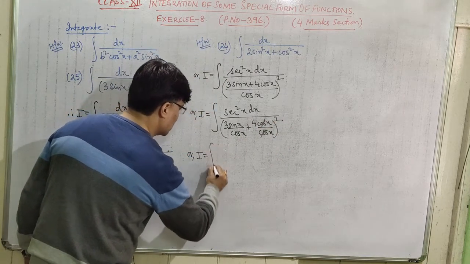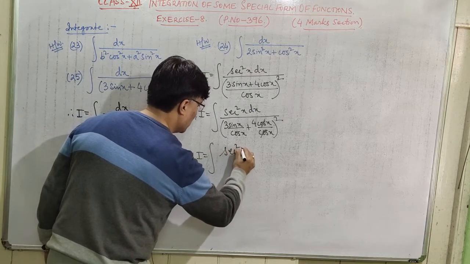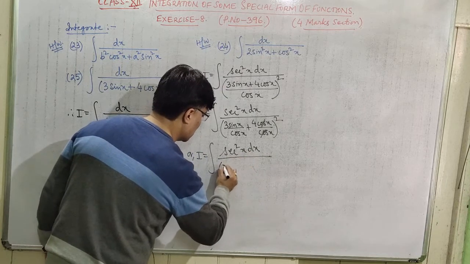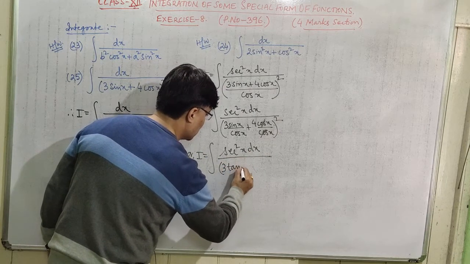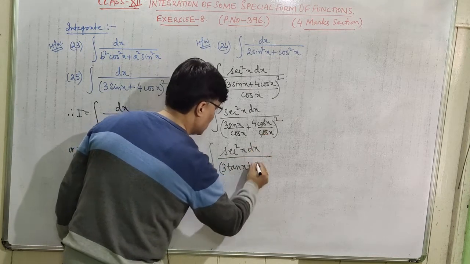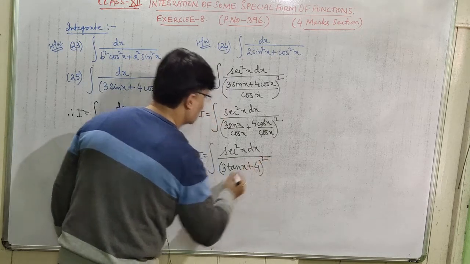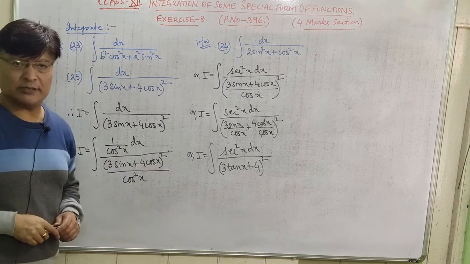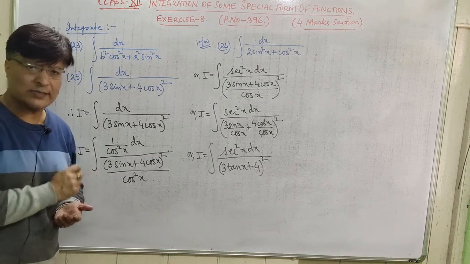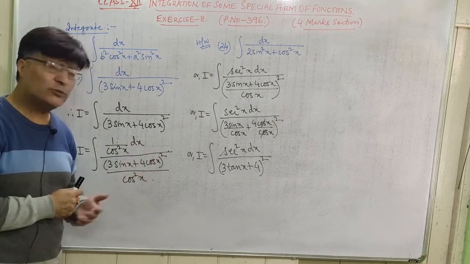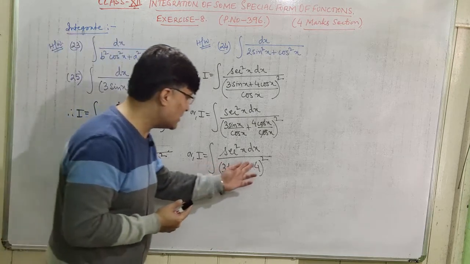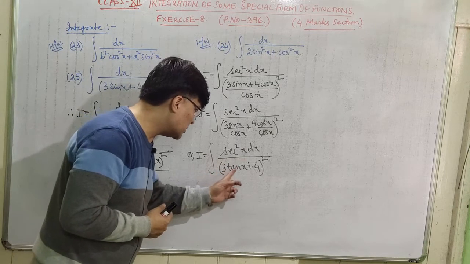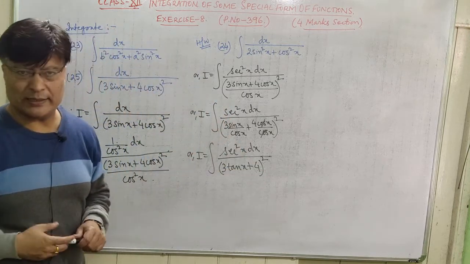Or I is equal to integration of sec square x dx divided by (3 tan x plus 4) whole square. So now you can easily evaluate this integration, because you know that the differentiation of tan x is sec square x. Either you can assume tan x as z, or you may assume 3 tan x plus 4 as z, because the differentiation of 3 tan x plus 4 is also sec square x, isn't it?